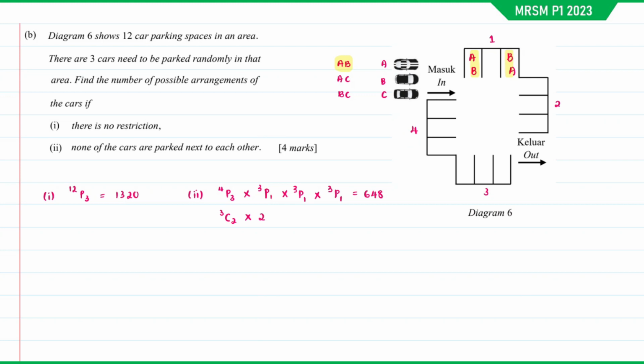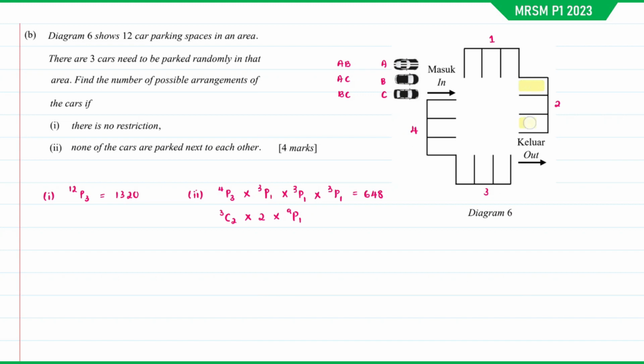So now how about the third car? In this case will be the car C. So the car C, we can arrange it in one of the parking lot that we have here. Then the arrangement for car C will be 9P1. Then these 3 cars will not park next to each other. So now let's say the parking lot number 2 will be the parking lot with 2 cars.